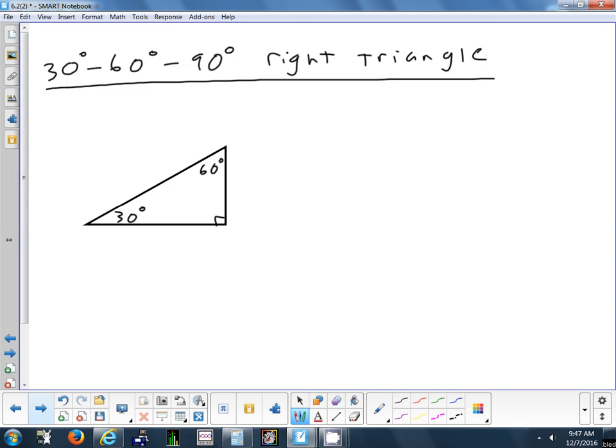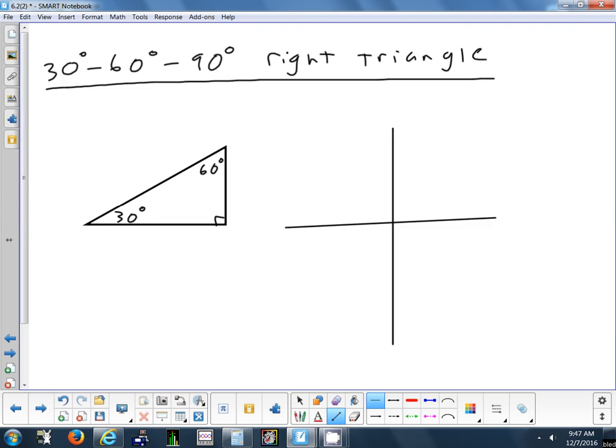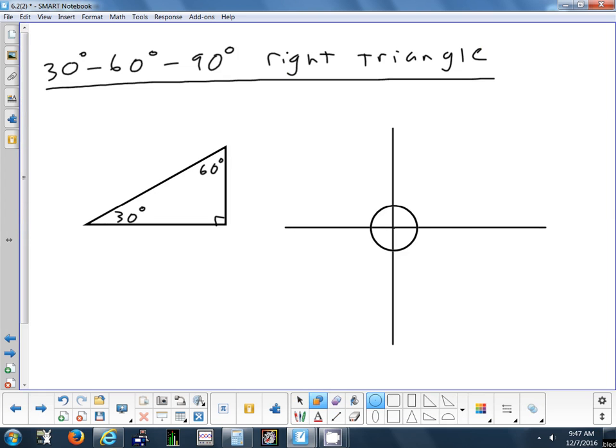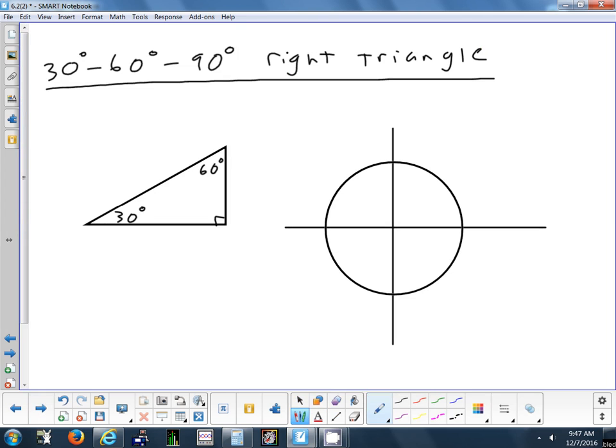All right, so the next one we're going to look at is the 30, 60, 90. Right, so what you would have is something like that. Here's your circle. And I'm going to sketch the 30-degree angle. So it's going to be closer to 0 than it is to 90.